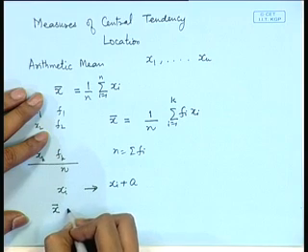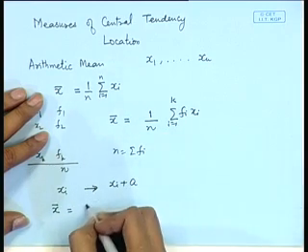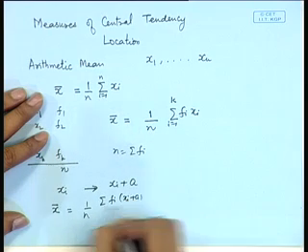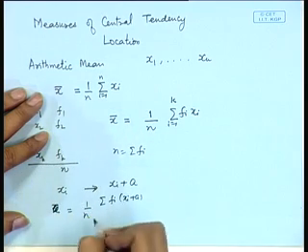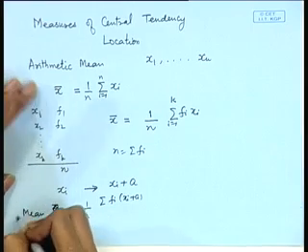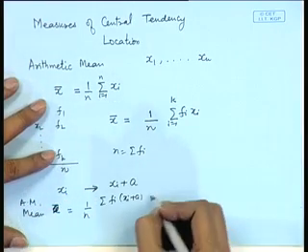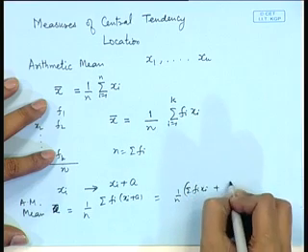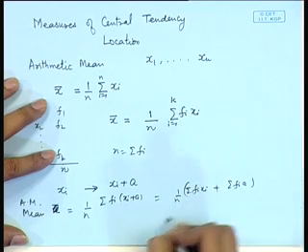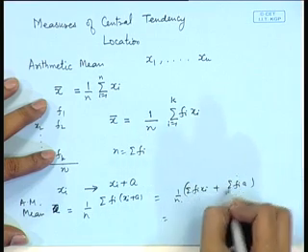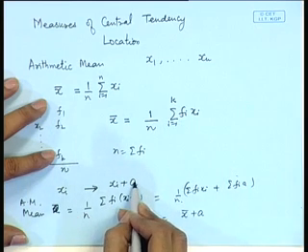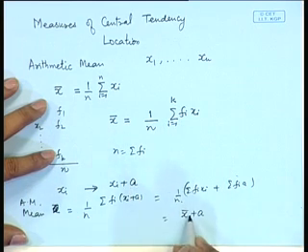Let me look at this formula: 1 by n sigma fi (xi plus a). That equals 1 by n sigma fi xi plus sigma fi a. Now, sigma fi is n, so this n cancels out and you are left with x bar plus a. That means, if each observation is shifted by a certain value, then the mean is also shifted by that value.